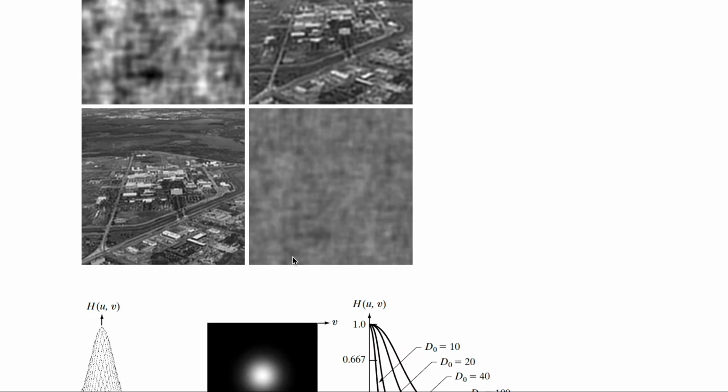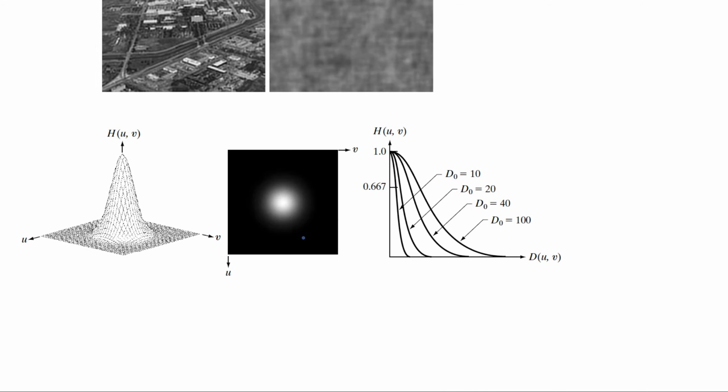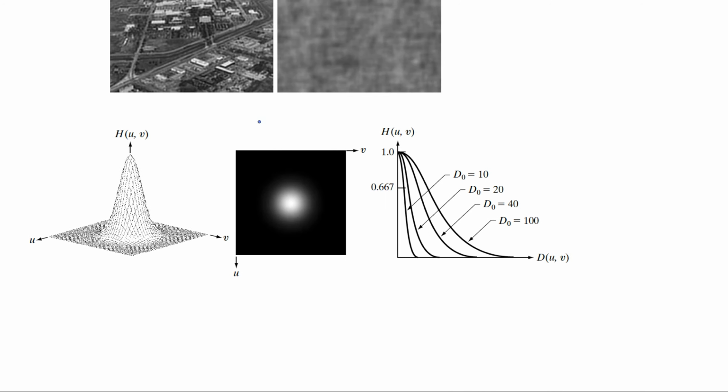For that, most of the time, or in certain examples, our H of uv will have a shape of this kind. When you look at this diagram, you can see that there are certain larger values in the middle of the filter H of uv, and if you move away from the circular part, to values which are distant from the center, then the values become zero.